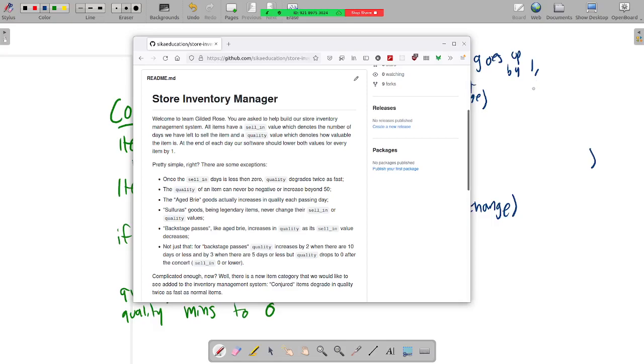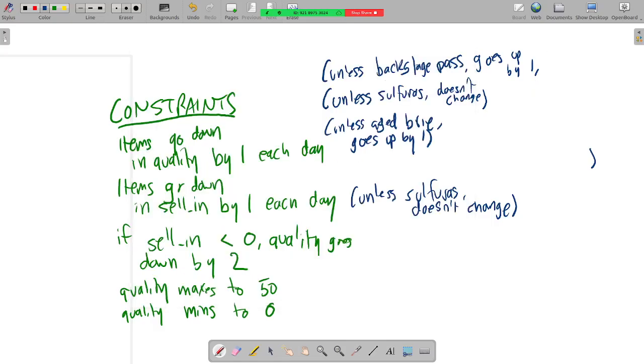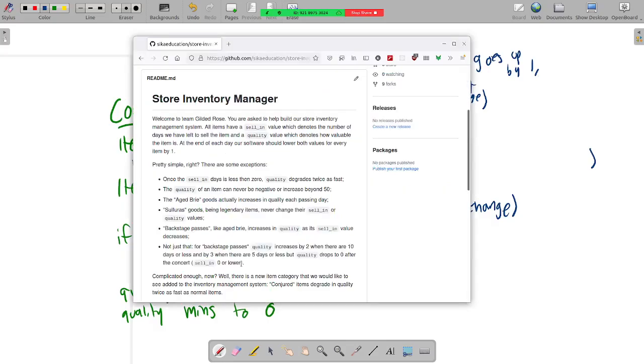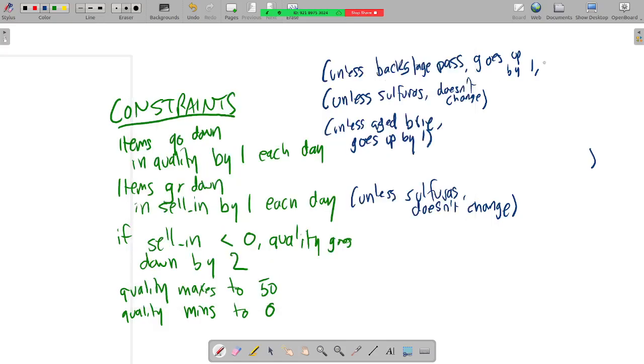But then it's 3 when there are 5 days or less. So we can translate that a little bit too. It goes up by 1 if sell-in is greater than 10.